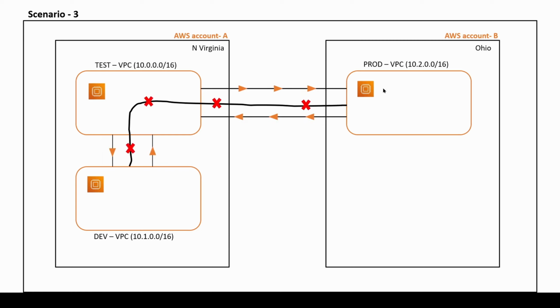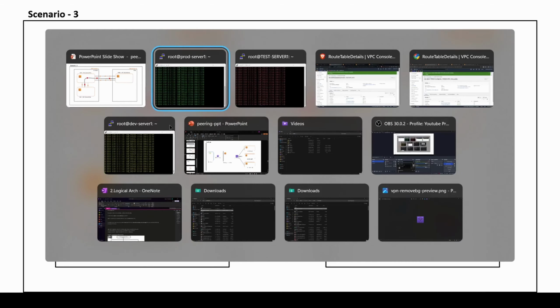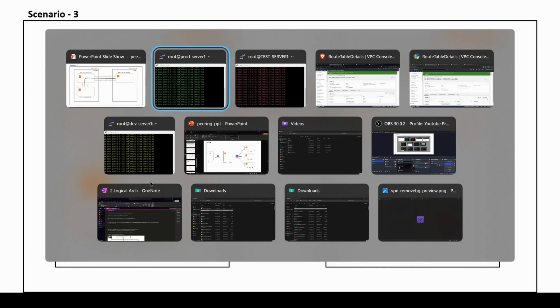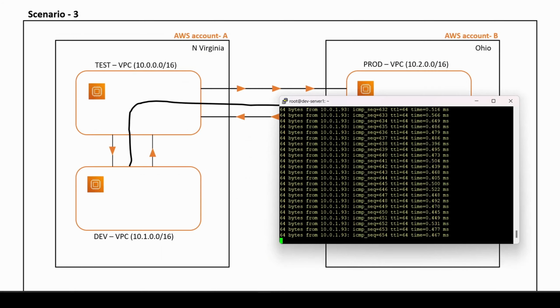We are going to ping the prod VPC from the dev, and we are accessing the dev VPC from the prod. It should not work because VPC peering connection won't support the transit. So dev to prod. Let me go to the dev VPC then. So this is the dev VPC.